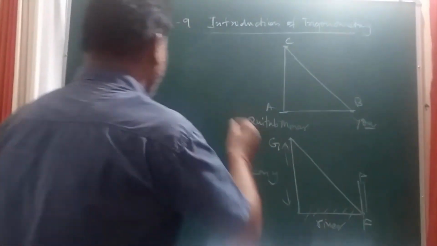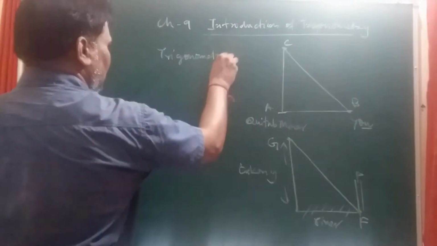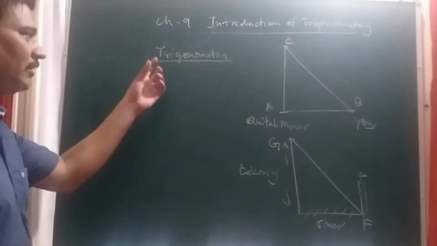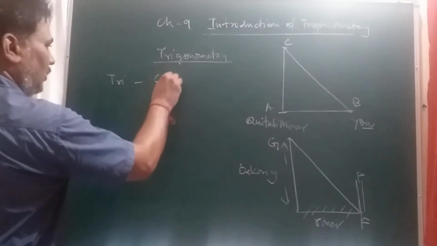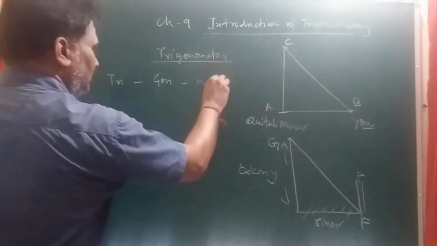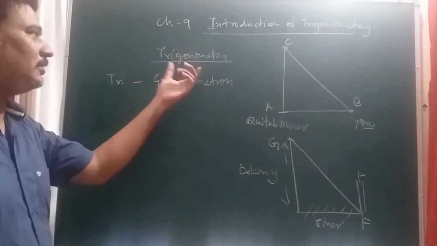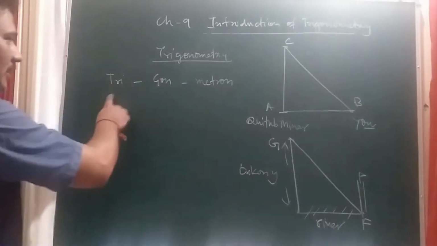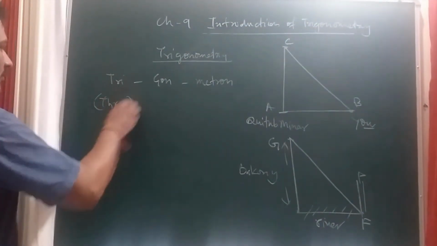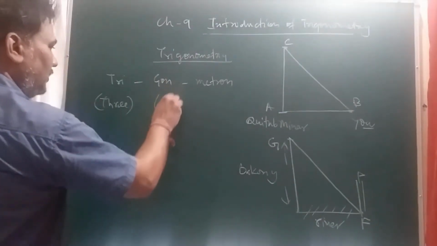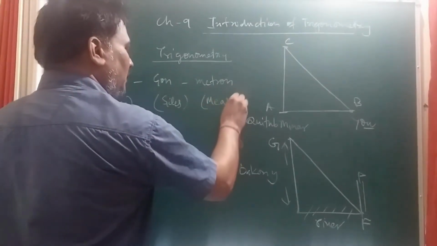Trigonometry is a Greek word which means tri, gon and metron, where tri means three, gon means sides, and metron means measurement.